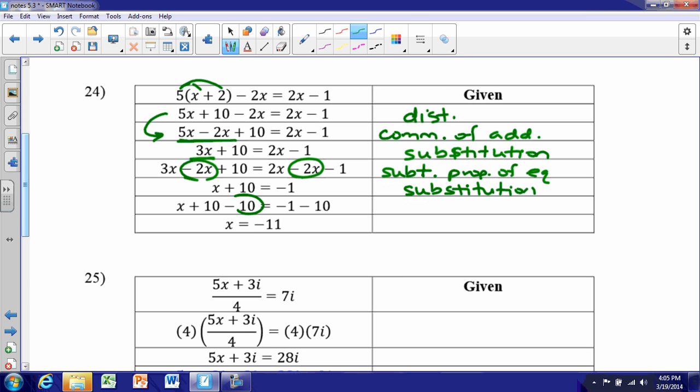And all of a sudden I have a minus 10 on both sides. So again, that's subtraction, and anytime you do something on both sides, that's a property of equality. And anytime you simplify, that is substitution.